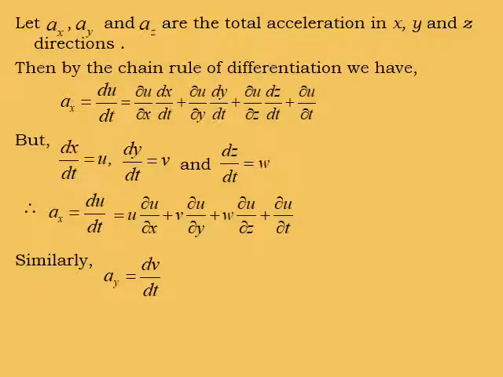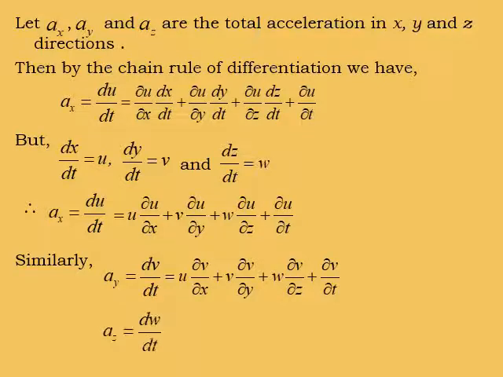the acceleration in y direction is given by a y is equal to dv by dt, which is equal to u into dou v by dou x plus v into dou v by dou y plus w dou v by dou z plus dou v by dou t.